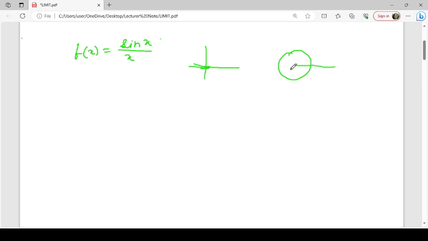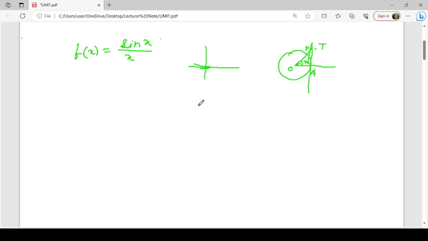This is the center O, this is the point A, then this is a tangent here, the tangent AT, and this is the point P. This is angle theta or x, we are talking about x.